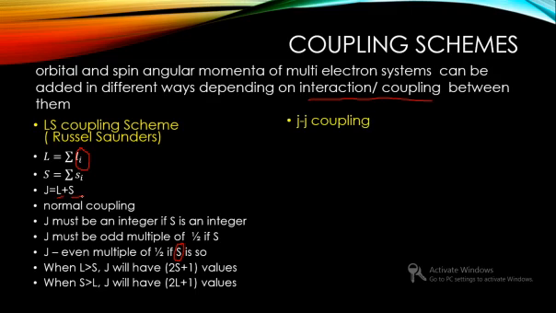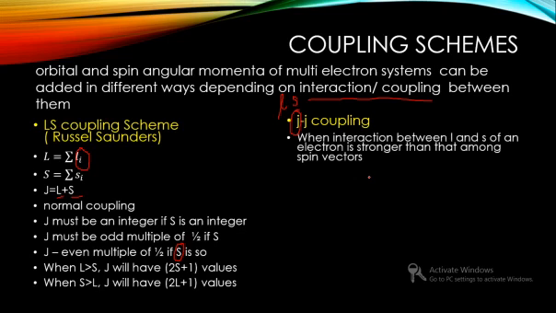The next coupling scheme is JJ coupling, and from the name itself, small j represents the combination of orbital angular momentum and spin angular momentum vectors for a single electron. Initially it will be added up for a single electron, and it will proceed with all other electrons, and the cumulative total angular momentum will be the sum of all these small j's.